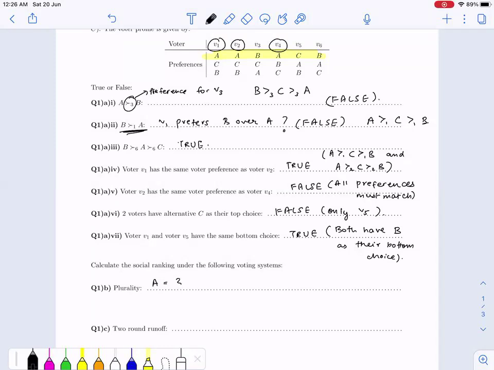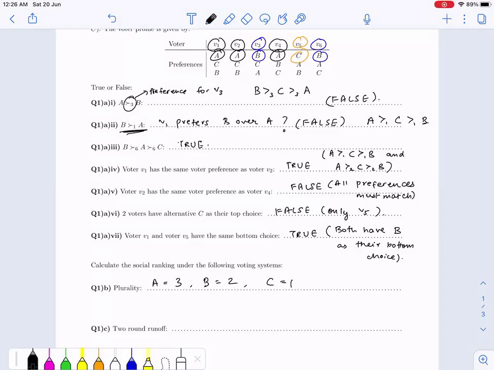So three voters have A as their top preference. Only two voters have B as their top preference, and only one voter has C as their top preference.